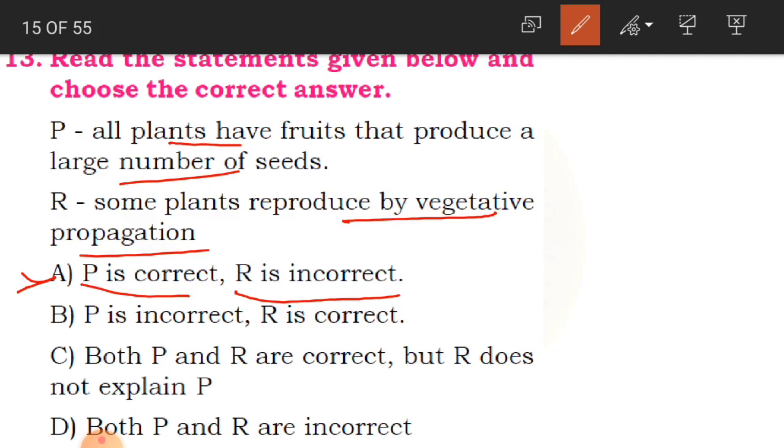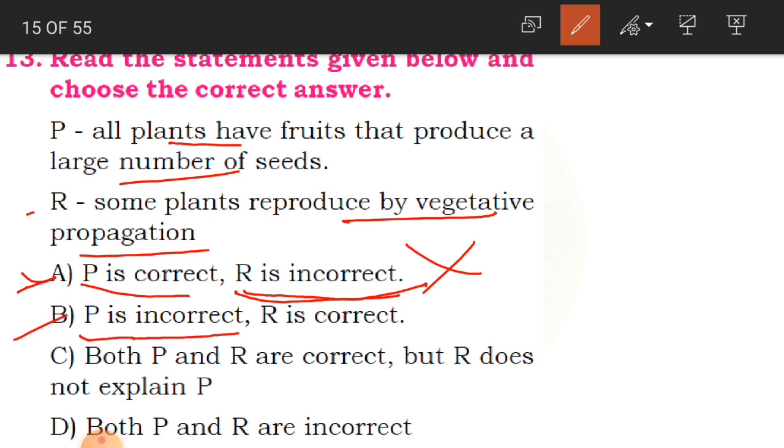And what do they say here? R: some plants reproduce by vegetative propagation. Is it true or false? Yes, some plants reproduce by vegetative propagation. That is, R is correct. But here they are stating that R is incorrect, so this is the wrong answer. Now to the B option, children.